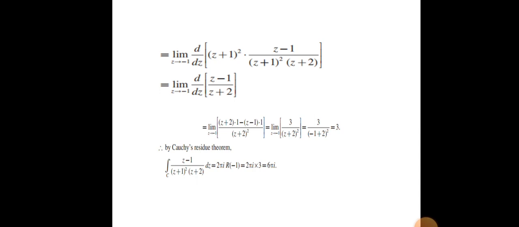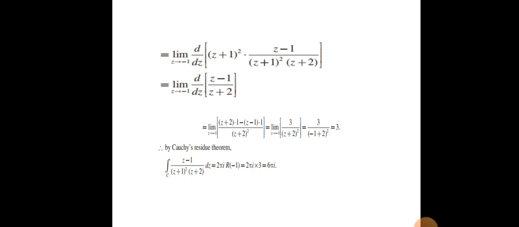Since we have to differentiate z minus 1 by z plus 2, we use the u by v form: v u dash minus u v dash by v square, here v is z plus 2. So z plus 2 the whole square in the denominator, and the numerator is z plus 2 into 1 minus z minus 1 into 1, since the derivative of z plus 2 is 1. On simplification, this is 3 by z plus 2 the whole square.